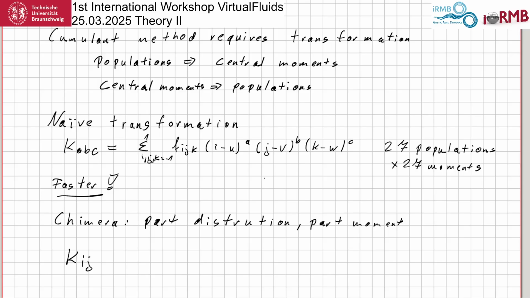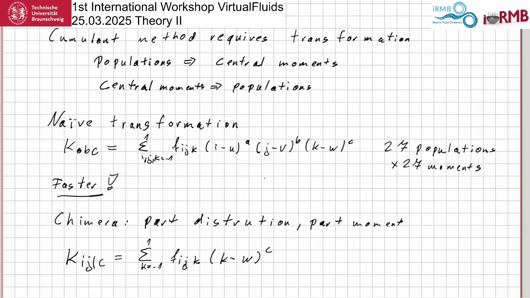I now write K as a central moment, ij, where I keep i and j non-integrated, and I integrate only over the third part, and I indicate this by this vertical line just because I didn't have any better idea. So this is now only a one-dimensional sum, k from -1 to 1, f_ijk times (k minus w) to the power of c. So you still have to do this 27 times, right?